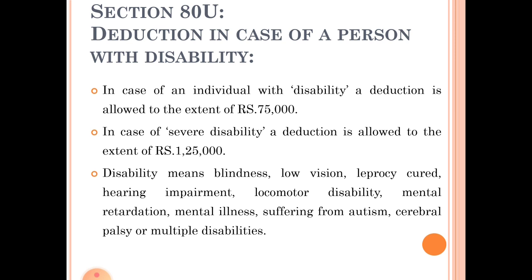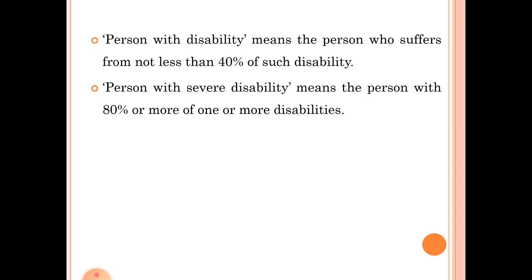Here disability means blindness, low vision, leprosy cured, hearing impairment, locomotor disability, mental retardation, mental illness, suffering from autism, cerebral palsy or multiple disabilities. So, these are the disabilities that come under this section. Person with disability means a person who suffers from not less than 40% of such disability.